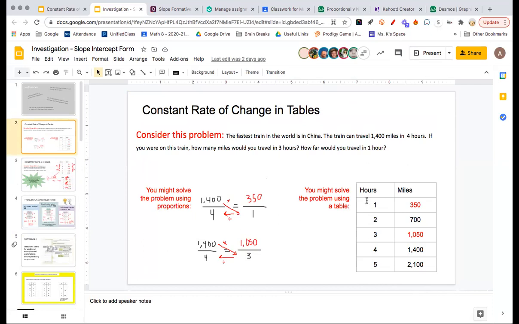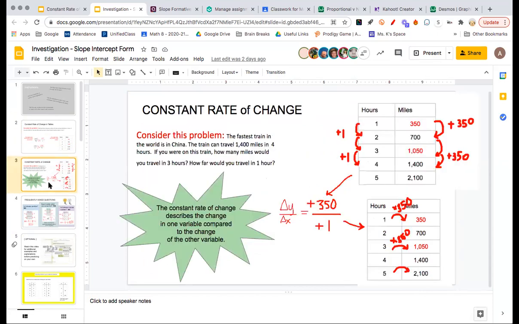If I make a table of this situation, I could then observe the rate of change in this table. I could look at how much the hours are changing and compare it to how much the miles are changing, and that will give us our rate of change.